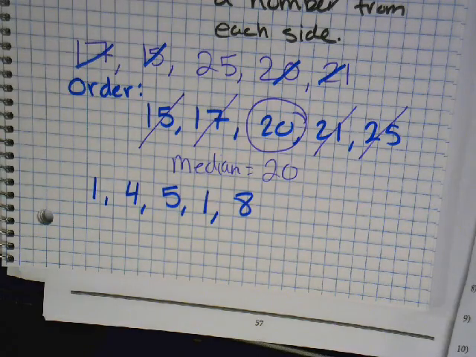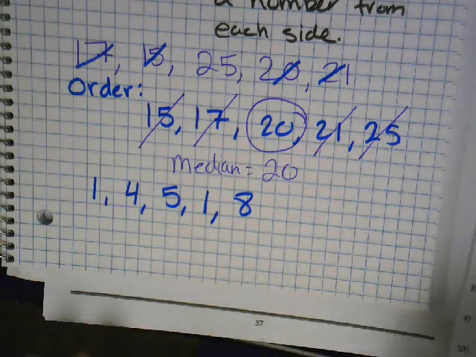Right now, what number's in the middle? 5 would be in the middle, right? But it would be wrong. You have to put them in order. So go ahead and put them in order before I do. And please do not shout out.